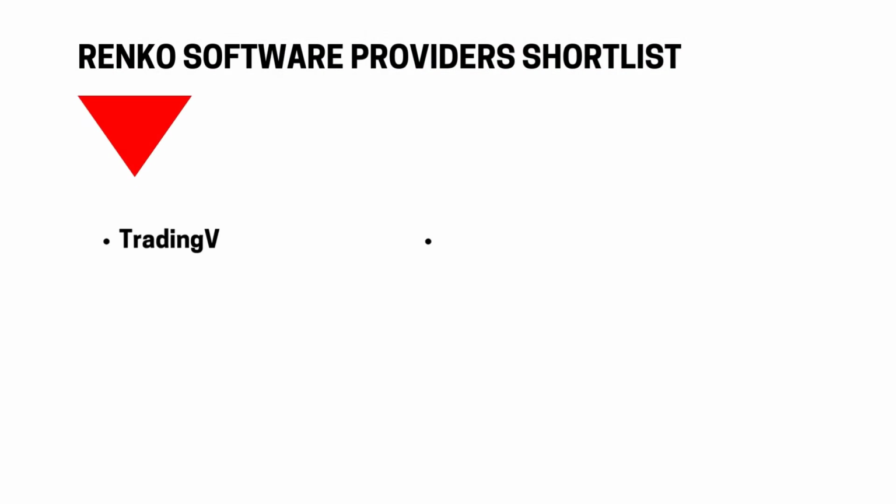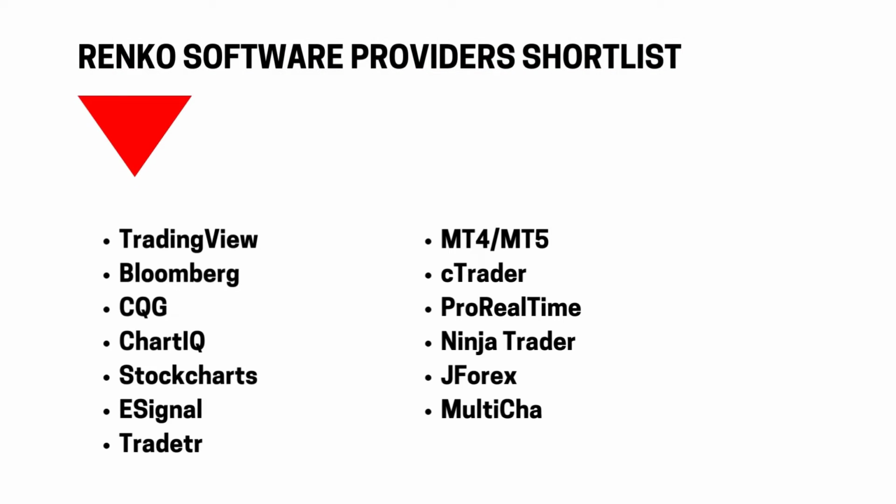So with all that as an intro, let's take a first look at the 16 that are out there that I think are worth following up in a bit more detail. So here they are then. Here's the 16, starting from the top there. TradingView, very popular these days, probably one of the fastest growing charting packages on the planet.